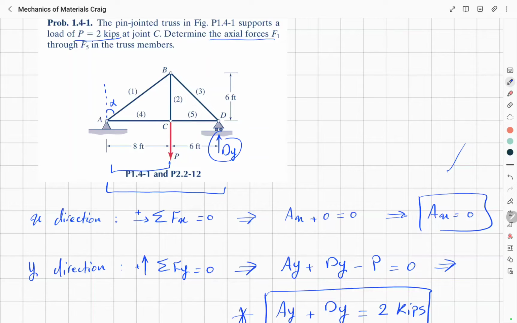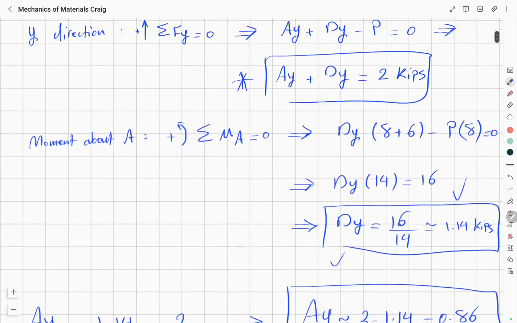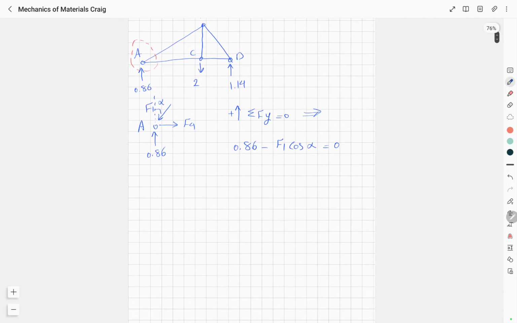So cosine of alpha is equal to 6 over this length, which is 10. So cosine of alpha is 0.6.